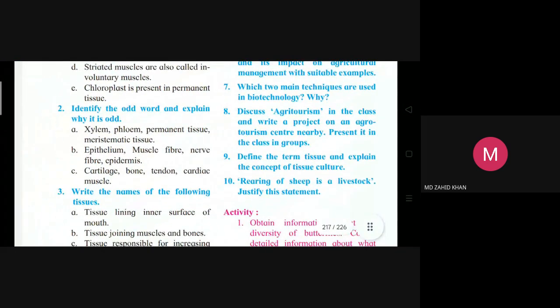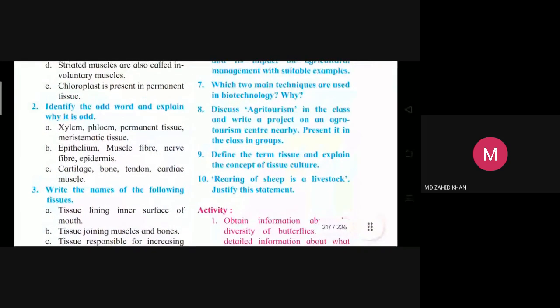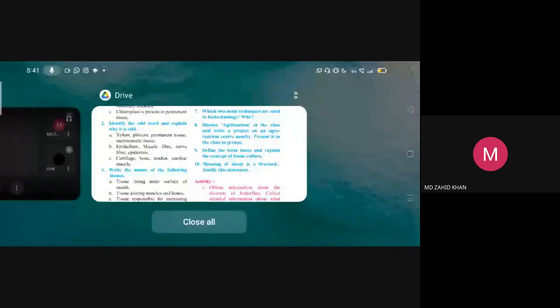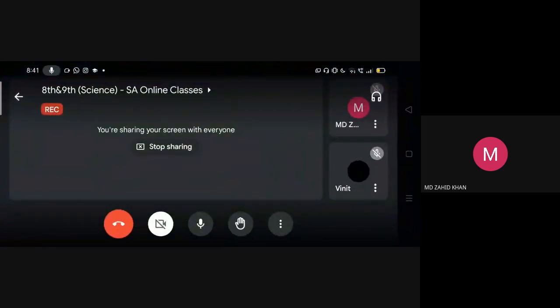Identify the odd word and explain why it is odd. Xylem, phloem, permanent tissue, meristematic tissue. Which is the odd one in this? Meristematic tissue.